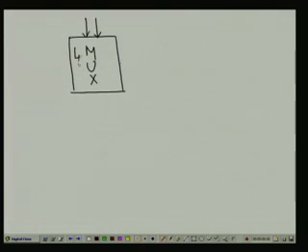So, this is a 4 to 1 mux. 4 input lines will be there, 1 output line.